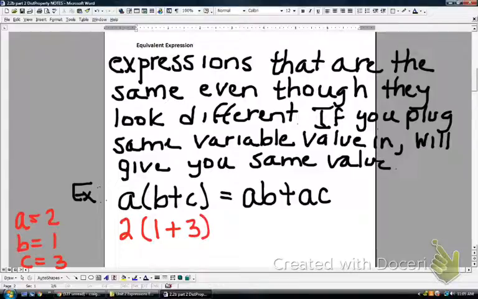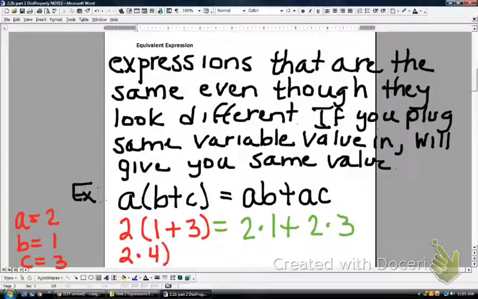And then I'm going to do the same thing on the other side. So A is 2, B is 1, A is 2, C is 3. Let's see if we get the same thing on both sides. So here I have 2 times 1 plus 3. 1 plus 3 is 4.